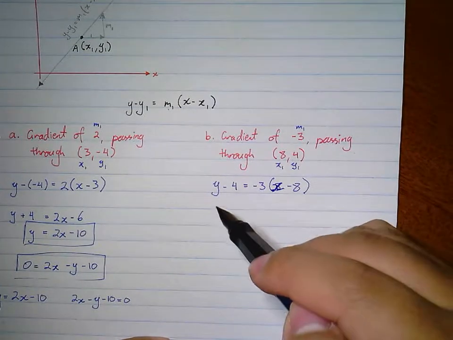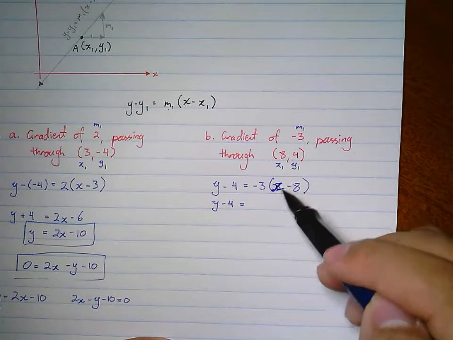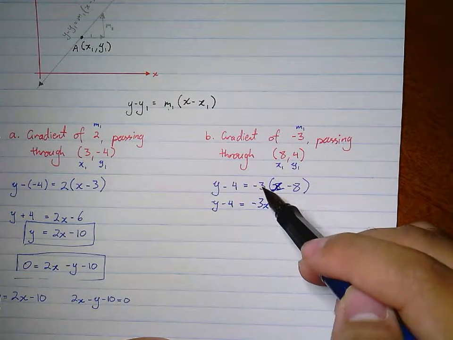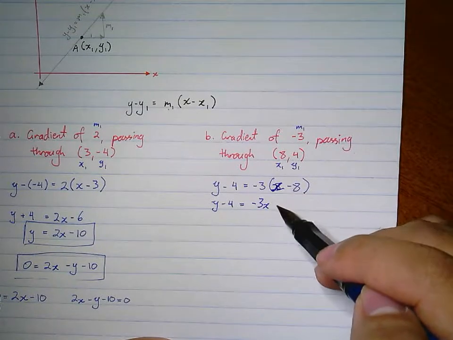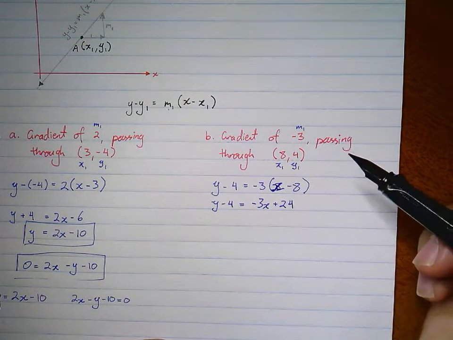Expanding our brackets, this stays the same. Expanding our brackets, we get negative 3x. Negative 3 times negative 8 is positive 24.